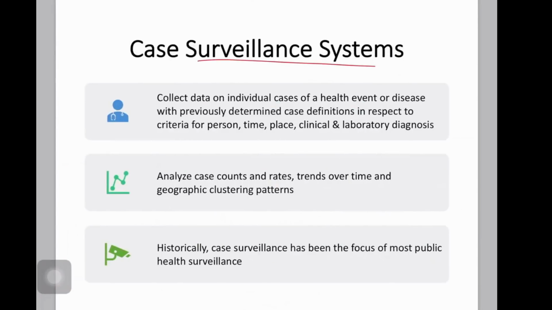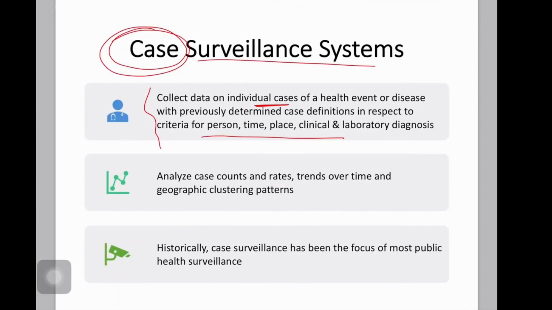Case surveillance, as the name suggests, is case based, right? Collect data on individual cases of a health event or disease with a previously determined case definition with respect to the criteria for person, time, place, clinical, and lab.